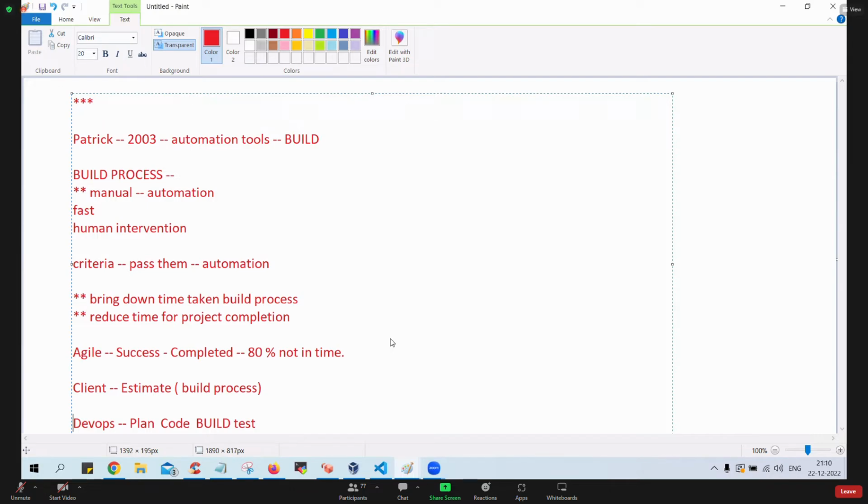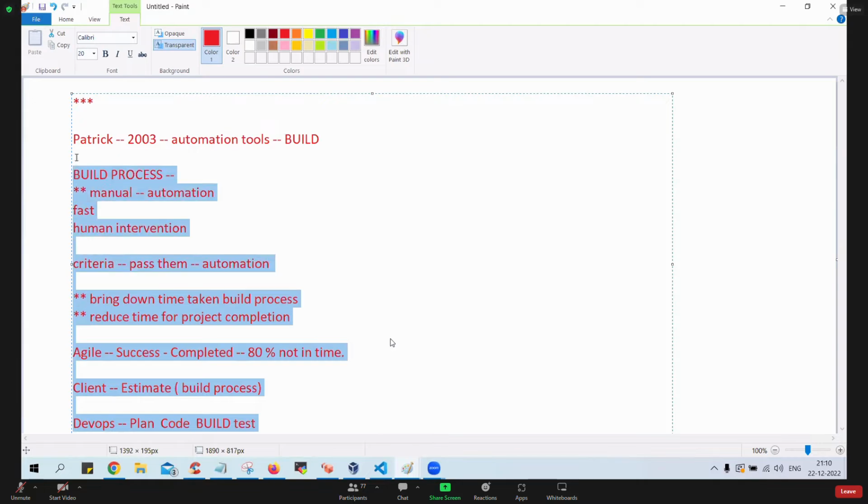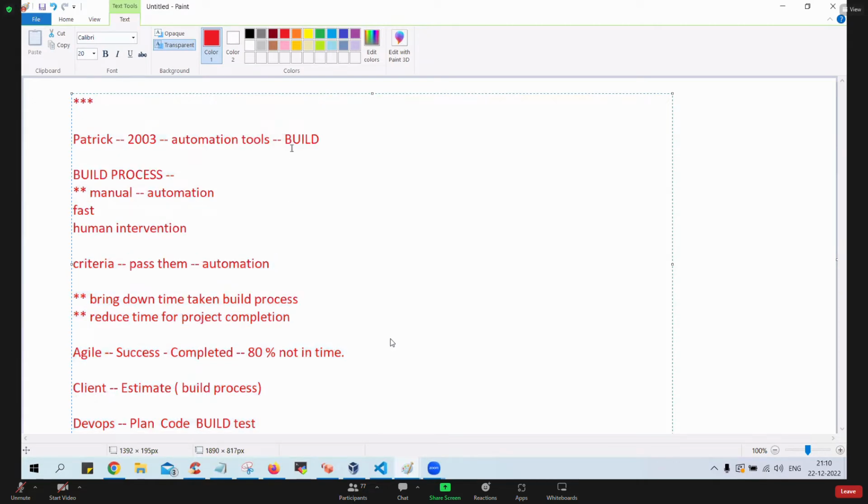Kirti, Amit, Anusha, you have to follow me and say yes or no so that we can move on discussing the points. Okay, so this point is clear. Why did they bring up build? Because there is a story behind it, or you can say there is some concern. If you understand that concern, things become easy to understand.